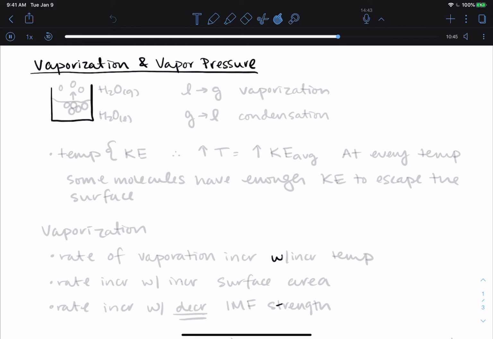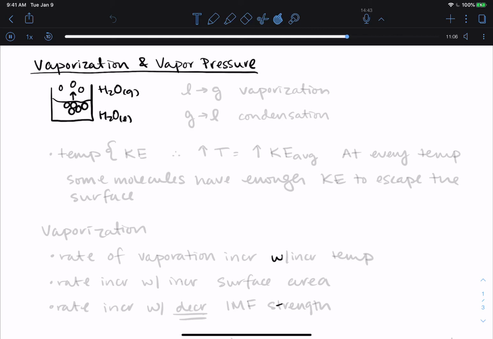So what we will see is that if we draw a picture, so let's say I have some liquid, right? I have all of these liquid molecules in here. We'll just pretend that it's water. It could be any liquid. Some of these molecules can escape and turn into a gas.